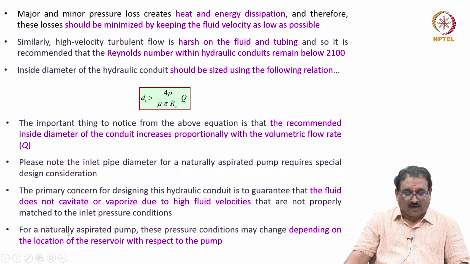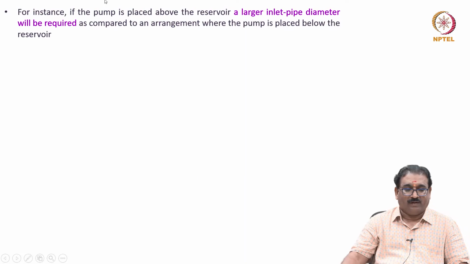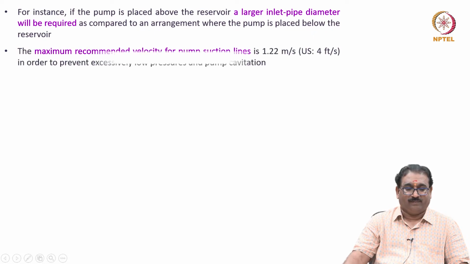So, for a naturally aspirated pump, these pressure conditions may change depending on the location of the reservoir with respect to the pump. For instance, if the pump is placed above the reservoir, a larger inlet pipe diameter will be required as compared to an arrangement where the pump is placed below the reservoir.